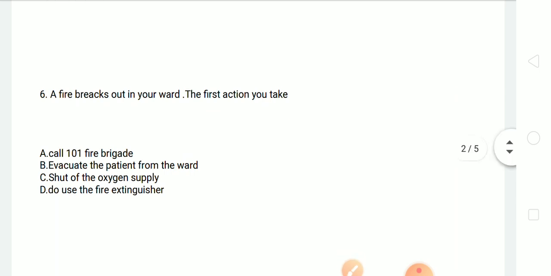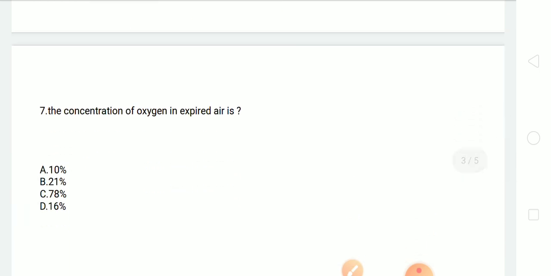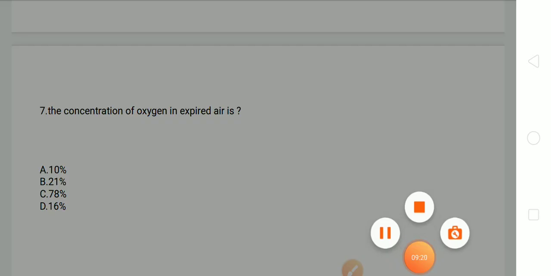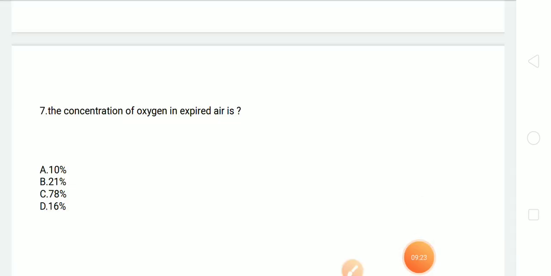Next, question number 7, the concentration of oxygen in expired air. This is a very important question. We know already that in inspired air the concentration of oxygen is 21%, because we inspire oxygen from the environment, and 21% oxygen is available in the environment. Then how much oxygen is in expired air? 16%.